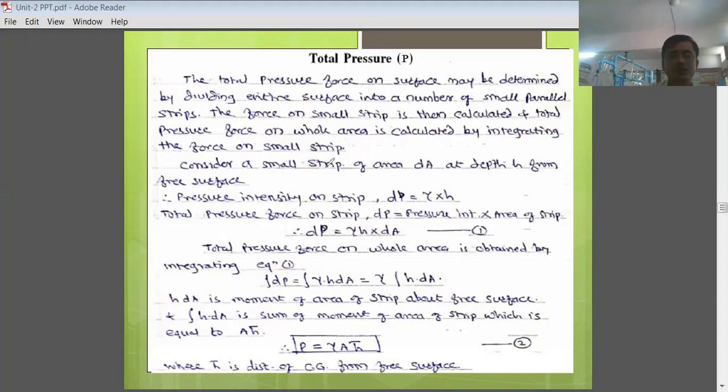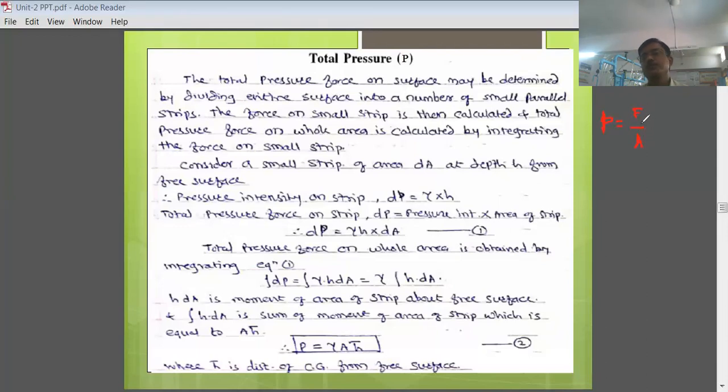Now let us consider the small strip. First of all, let us find out what is the pressure intensity acting on that particular small strip. Now we have studied, we know that the pressure intensity, small p, is given by the equation: pressure force acting per unit area.